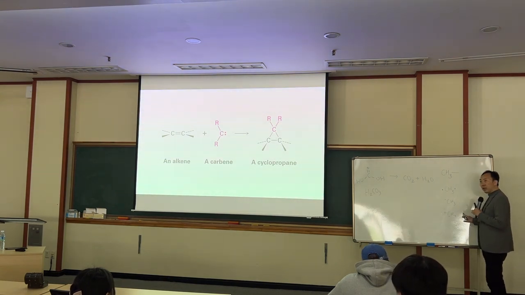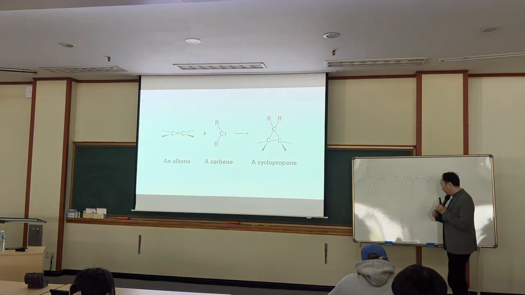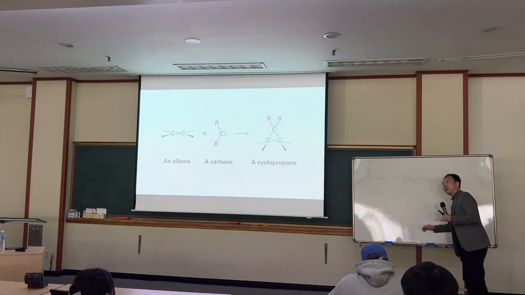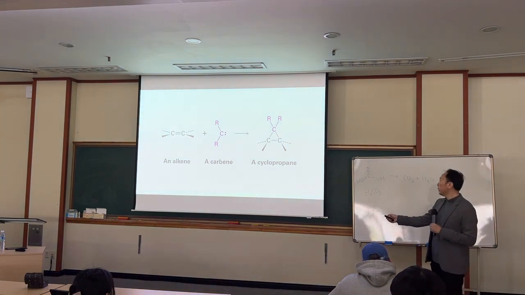Carbanion, carbocation, and radical. All of these have 3 branches, but carbene has only 2 branches. And it has 2 electrons on the surface. That kind of reagent we call carbene.